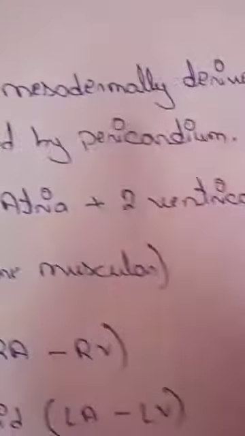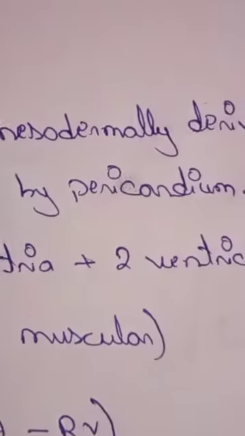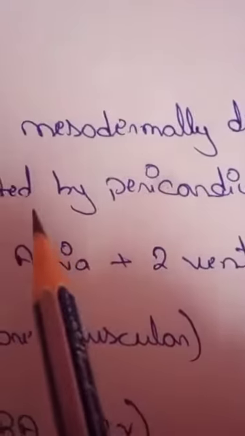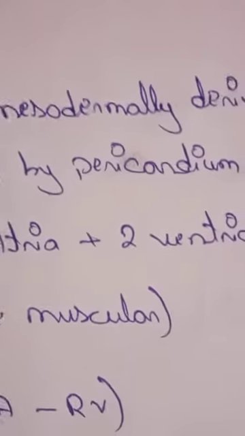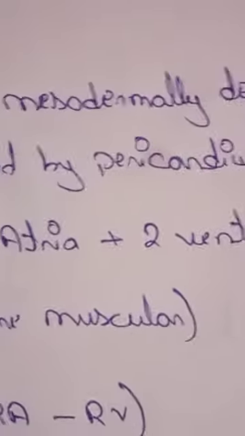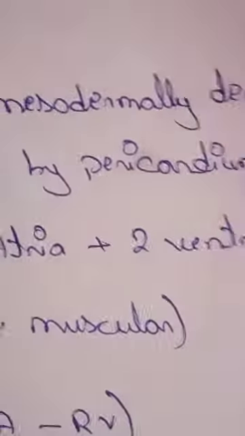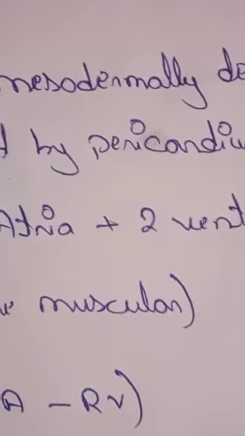The human heart is mesodermally derived. It is protected by the pericardium, a thin layer present outside the heart which protects it. It has two atria and two ventricles: left atrium, right atrium, left ventricle, right ventricle.